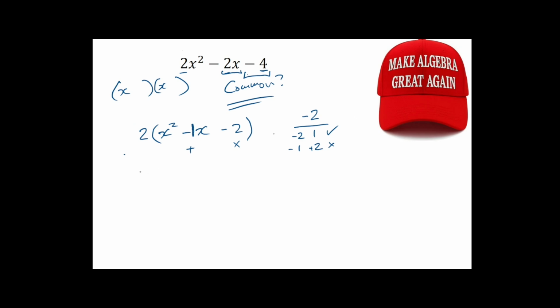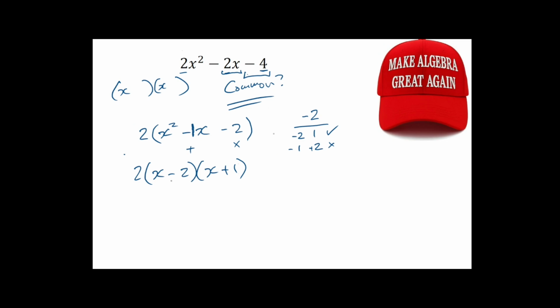So we're just going to do what we did normally. We're going to leave the 2 there. x minus 2, x plus 1. And that's it. We're done. Let's expand it out.